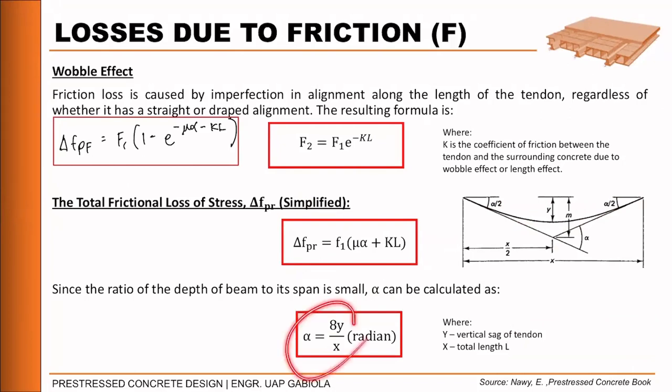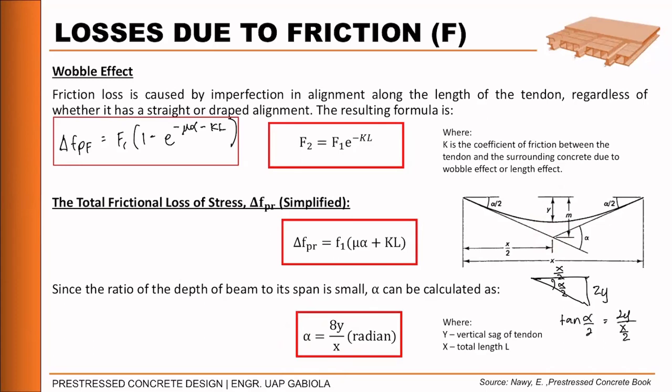So, assuming na si M equals sa almost equal sa 2y. Okay? Nangyari parang doon sa gitna, ito ay 2y and then ito ay x over 2. Kung gusto natin makuha si alpha, so ito is alpha over 2. Okay? So para makuha si alpha over 2, we have tangent of alpha over 2 is equals to 2y over x over 2.